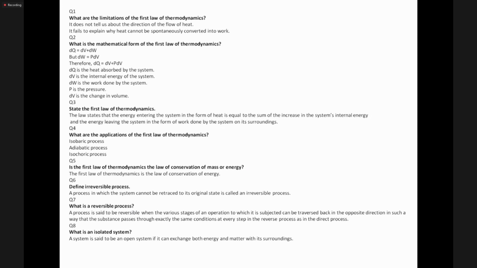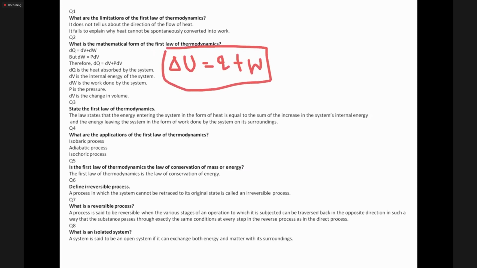P is the pressure and dV is the change in volume. Also, you can see that delta U is equal to Q plus W, which is also the mathematical form of the first law of thermodynamics.